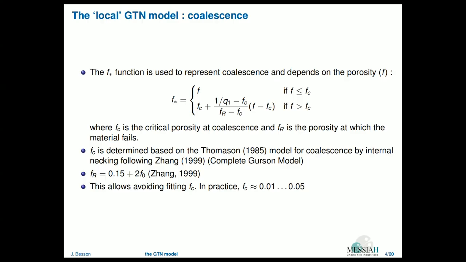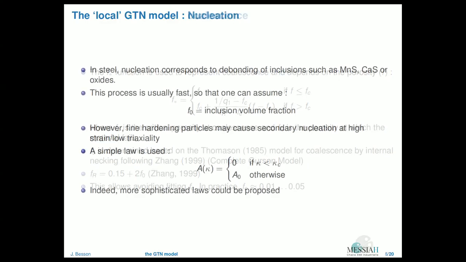And basically, when you reach the coalescence criterion given by Thomason, the porosity level you have at this point is considered to be the critical porosity. So you don't need to fit it anymore, and that's very, very useful. And then I'm also using the formula proposed by Zhang for the porosity at the rupture. And in practice, this avoids fitting fC. In all the calculations, I get an fC which is between, let's say, 1 and 5%, which is completely consistent with unit cell calculations, for instance.